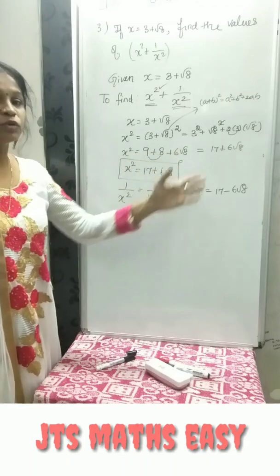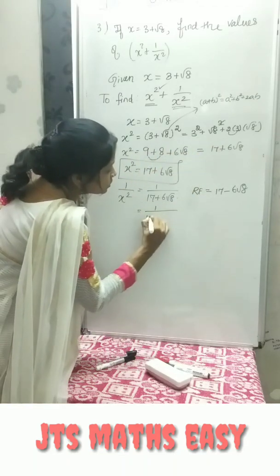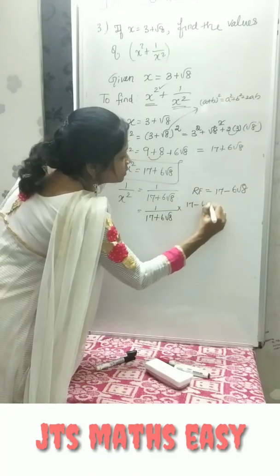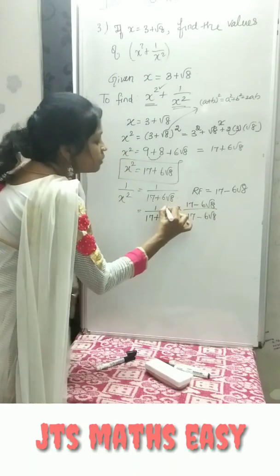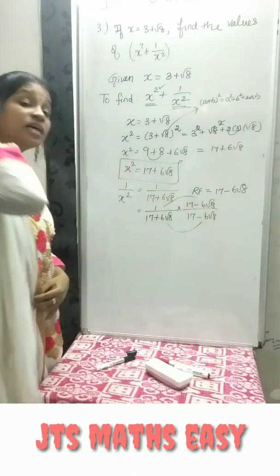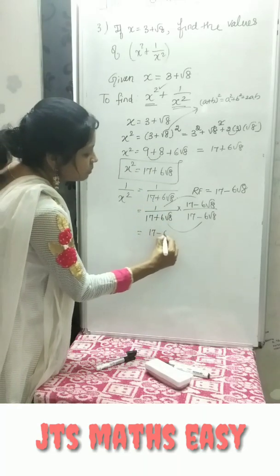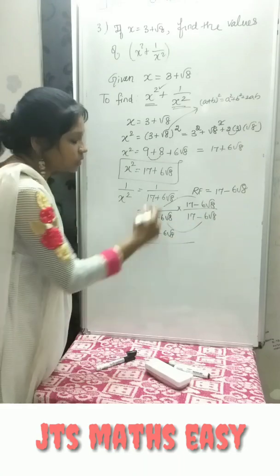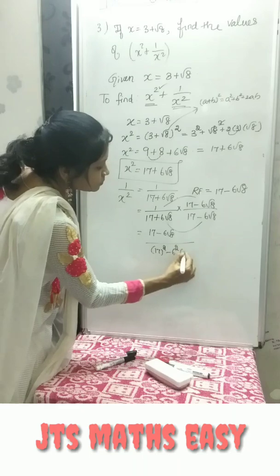Then the next step is to multiply and divide by the conjugate. So 1 upon (17 plus 6 root 8) into (17 minus 6 root 8) divided by (17 minus 6 root 8). Now multiply the numerator and the denominator. The numerator is 1 into 17 minus 6 root 8, which stays the same. In the denominator, (a plus b) into (a minus b) can be written as a square minus b square.